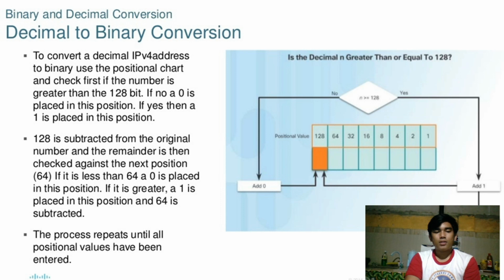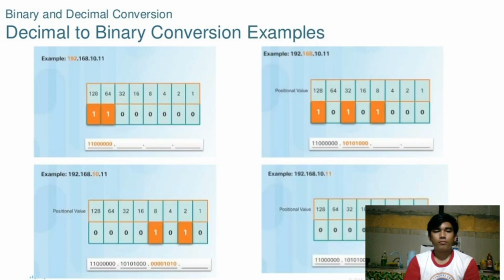If it is less than 64, a 0 is placed in this position. If it is greater, a 1 is placed in this position, and 64 is subtracted. The process repeats until all positional values have been entered. So there are decimal to binary conversion samples. There are four pictures. So let's go to another.